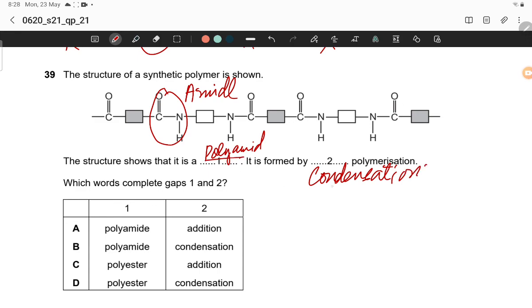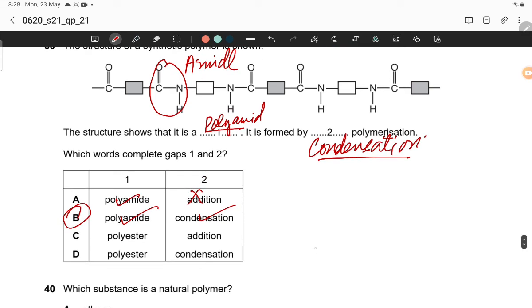So it should be polyamide and condensation. Polyamide addition is not correct. So B is the correct option. Polyester has a C double bond O linkage, so this linkage is absent. So this is incorrect.